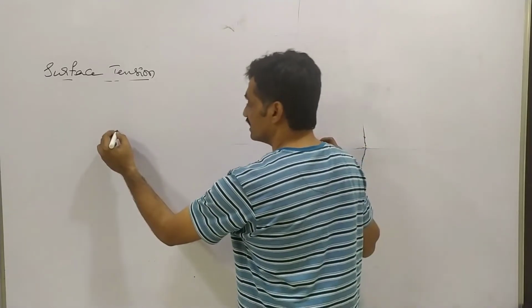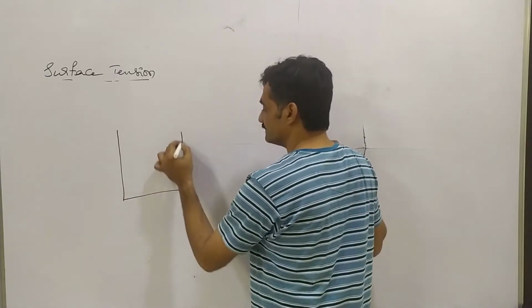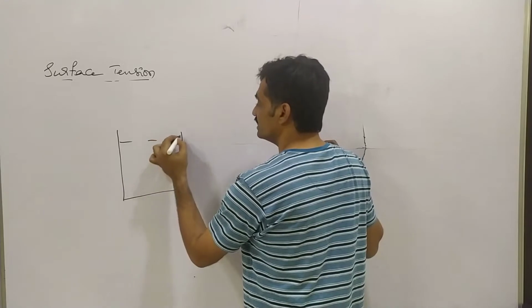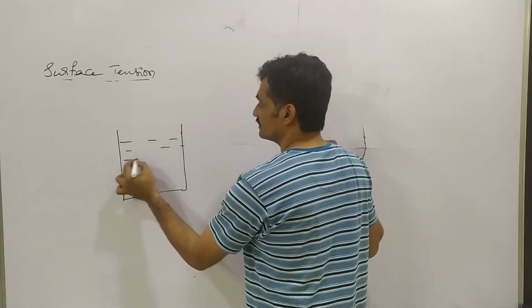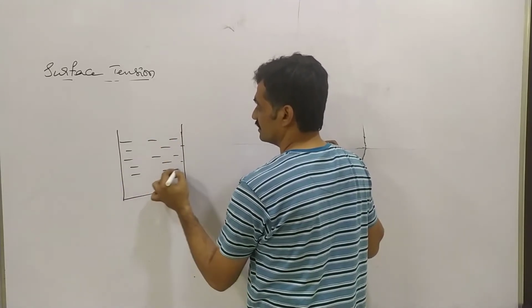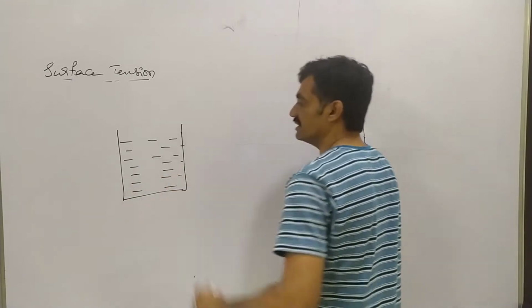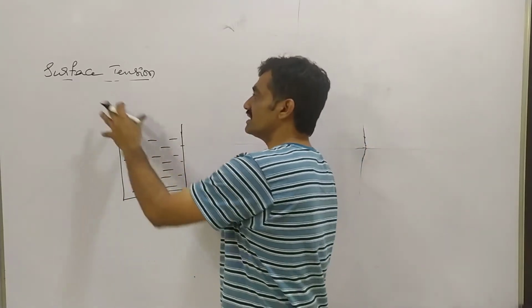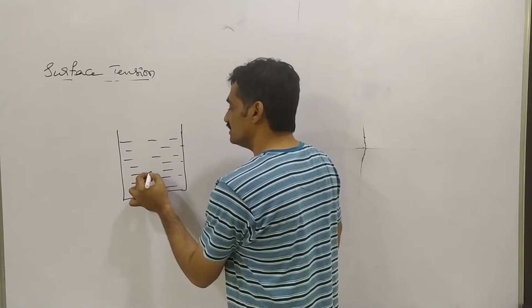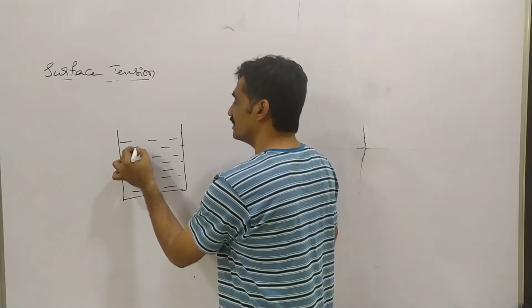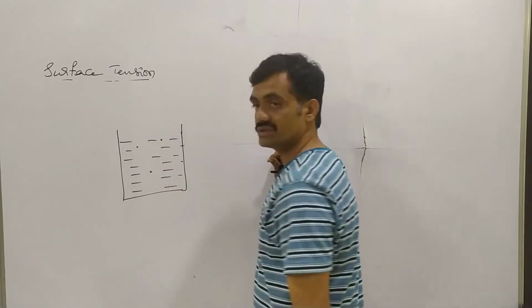So in this case we consider a container which is filled with liquid. In order to represent surface tension, we consider three molecules located at three different locations.